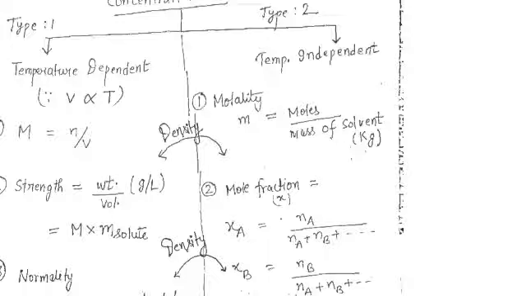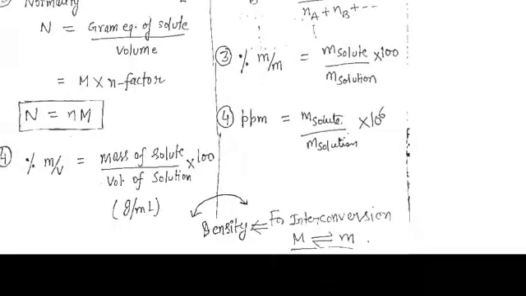Otherwise, in all of the other concentration terms, we take the mass of solution. This is a thing that we usually forget when doing the calculation in exam time. So you need to be very careful.